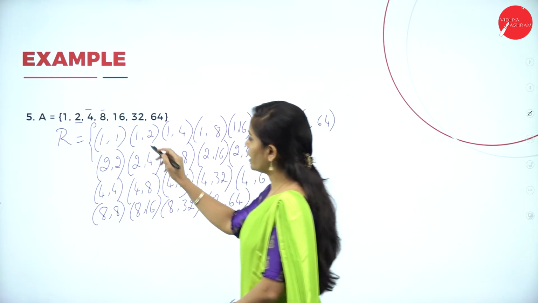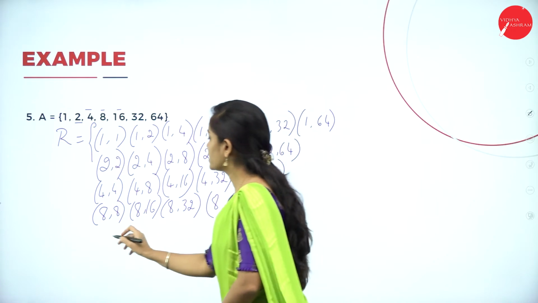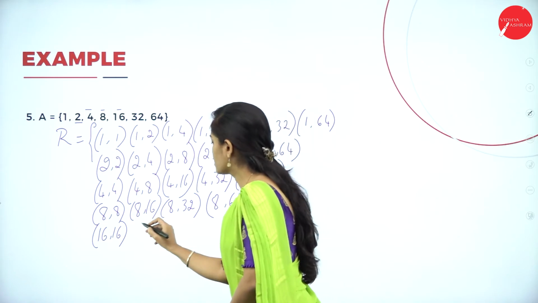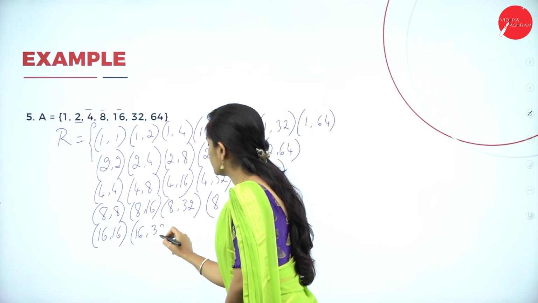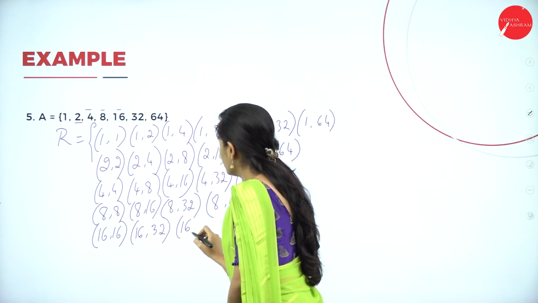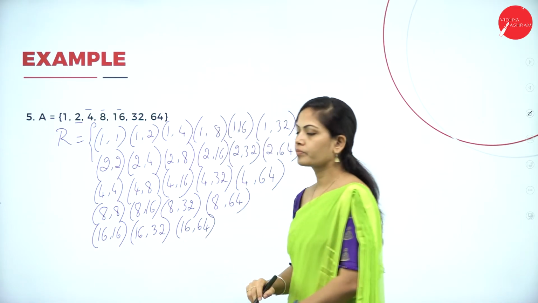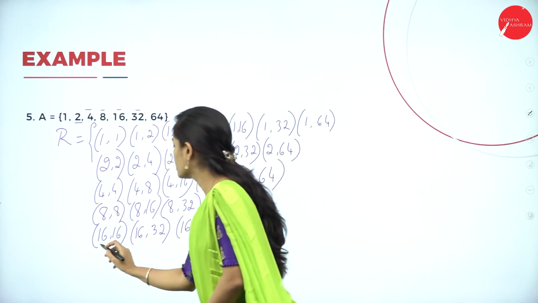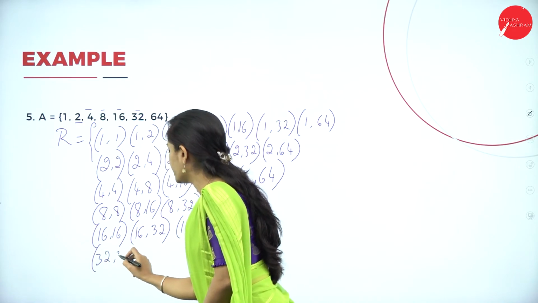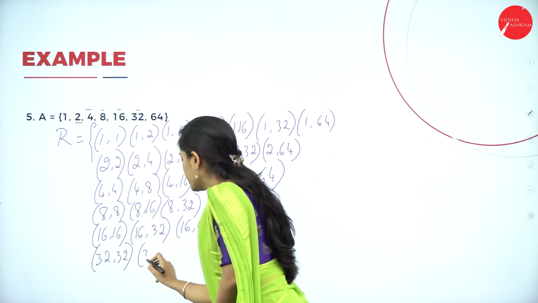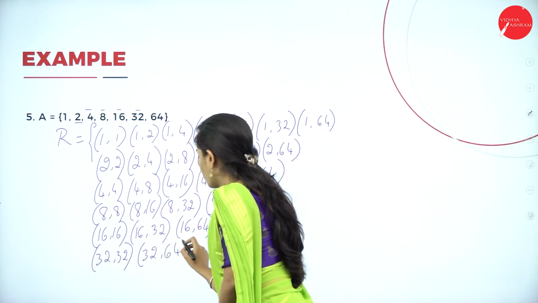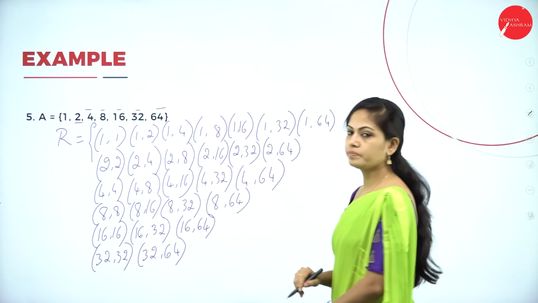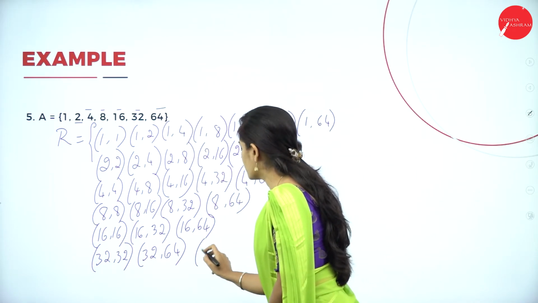And the next value is 16. 16 can divide 16 and it can divide 32 and 64. And the next element is 32. 32 can divide 32 and it can divide 64 also. And the last value is 64. 64 can divide 64.